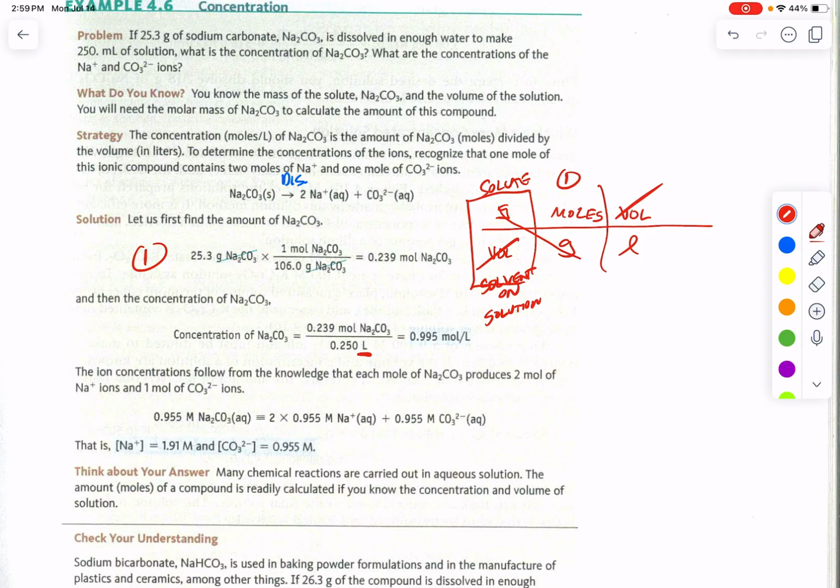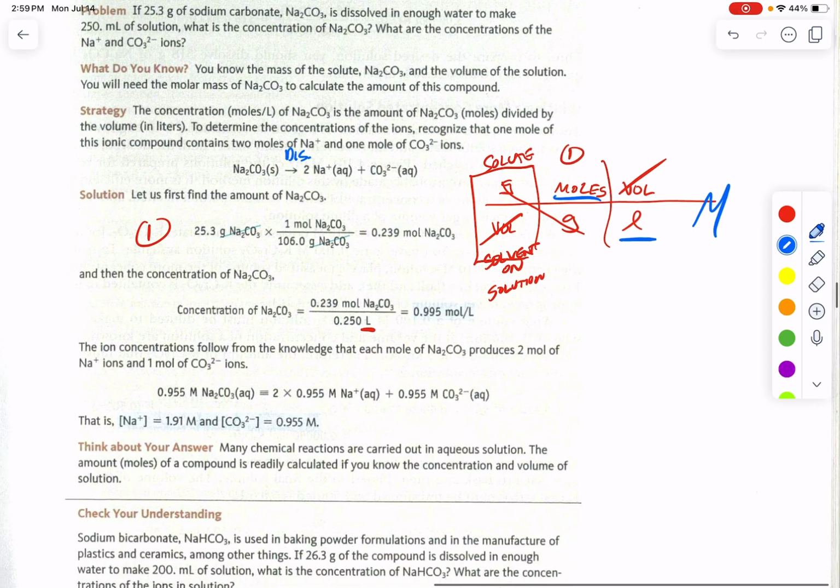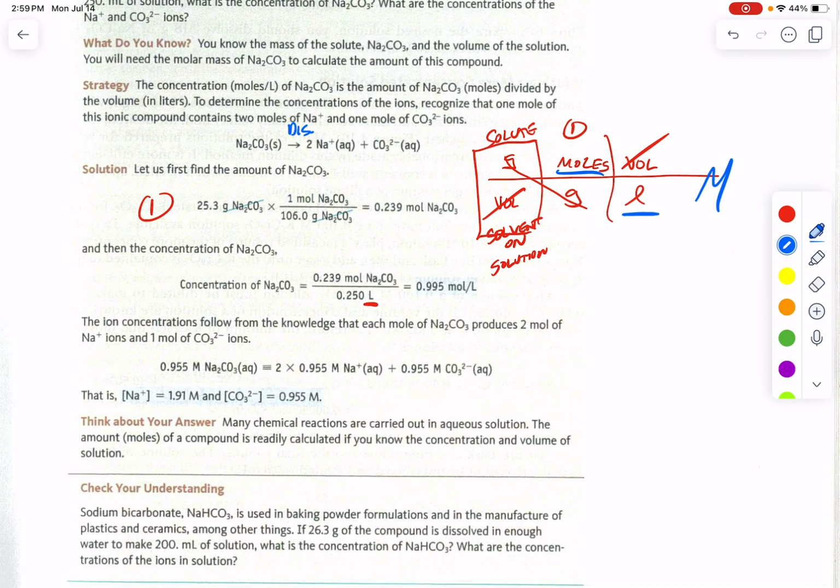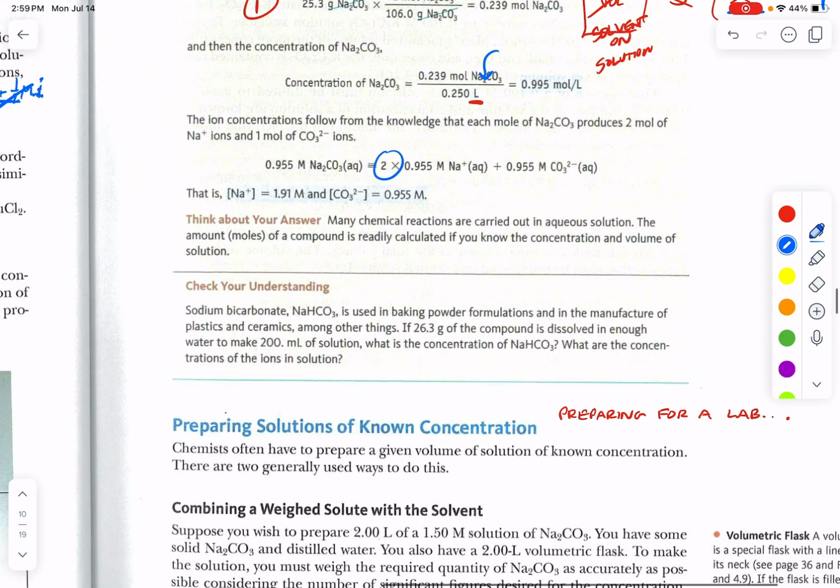And you can see that the only units left are moles per liter. The others have canceled out, so that is molarity. And then my molarity of my sodium ions, notice the 2 right there. So in my molarity of sodium ions, I have to multiply it by 2 because I have twice as many sodium ions as I have carbonate ions.